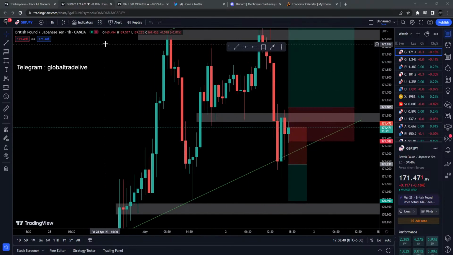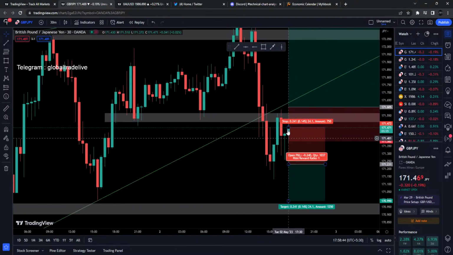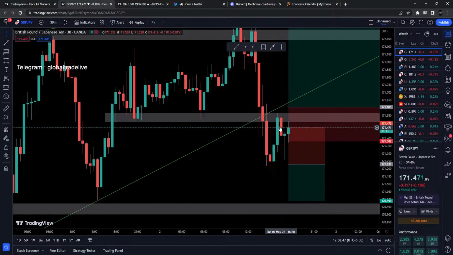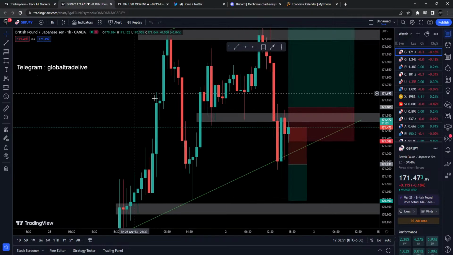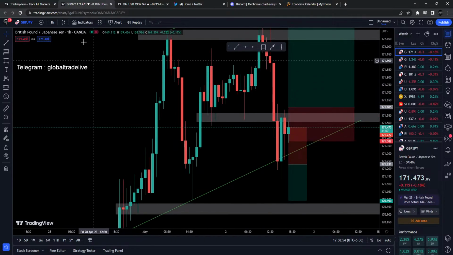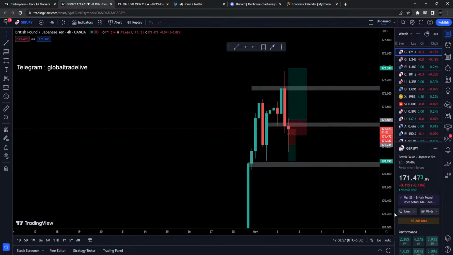So the 30-minute candle is about to close over here in GBP JPY. Man, it will be really interesting to see, because 1 hour time frame is telling something else and 30 minute is telling something else. Oh, and let's have a look at the 4 hour. Maybe bigger time frame will tell us something.